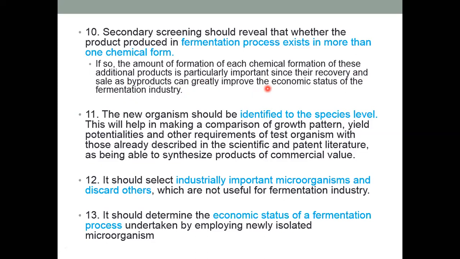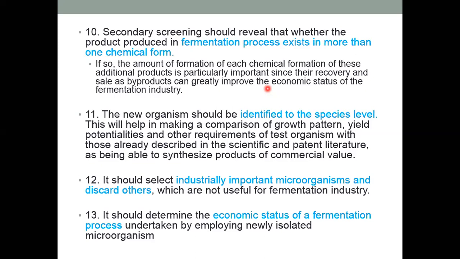Because sometimes there are byproducts which can be of benefit to industries, and sometimes there are byproducts which can negatively affect the yield of the main product that you were after. So in either case, you have to determine whether there is a second chemical form and whether you can utilize that second chemical form.